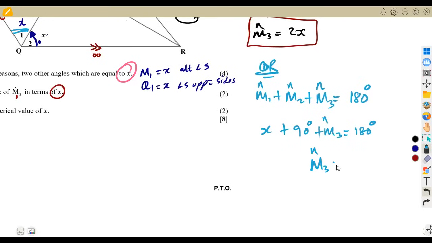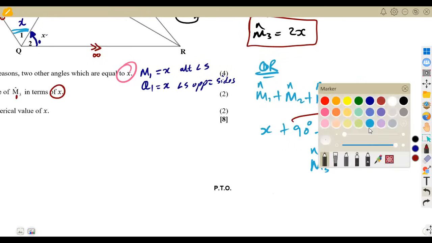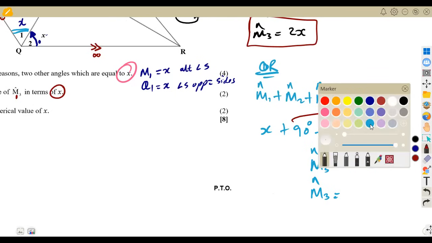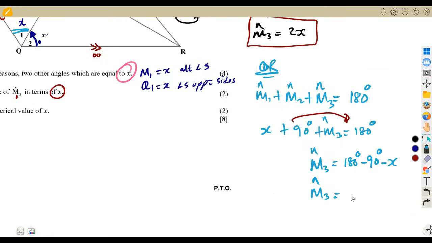Angle M3 is equal to 180 minus 90, minus x, because when we transpose 90 and x to that side they become negative. 180 minus 90 is 90 degrees. So we have 90 degrees minus x. That is how we could have calculated our M3.